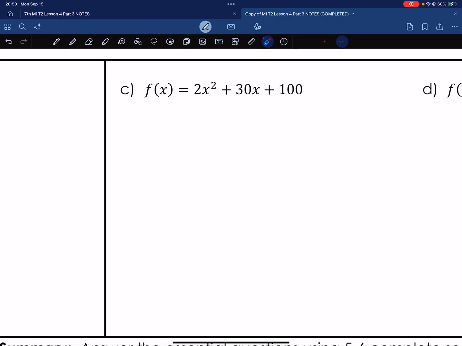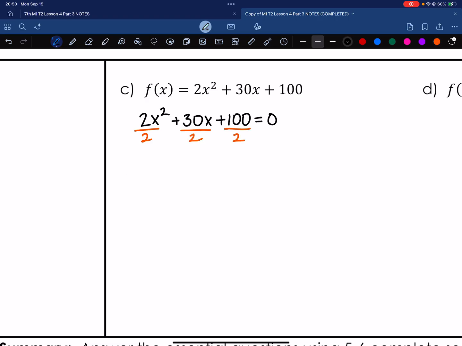Okay, so now looking at letter C. Letter C is when most people go into straight slide and divide. But the very first thing you should look for when you're doing a slide and divide is, is there a greatest common factor? So let's go ahead and set our equation equal to 0. And we notice now that this is all divisible by 2.